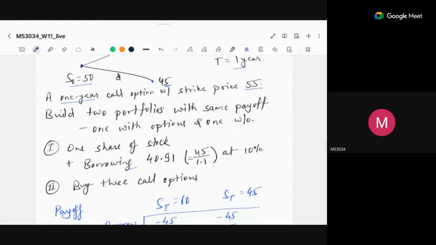You borrow in such a way that in the next period the borrowed amount equals 45 rupees. I do the discounting: if I borrow 40 rupees and 91 paisa at 10% interest rate, in the next period I have to give away 45 rupees. I borrow this amount and I purchase one share.